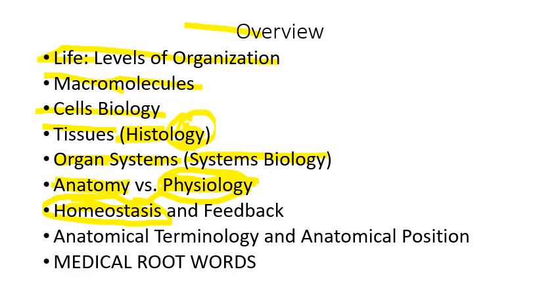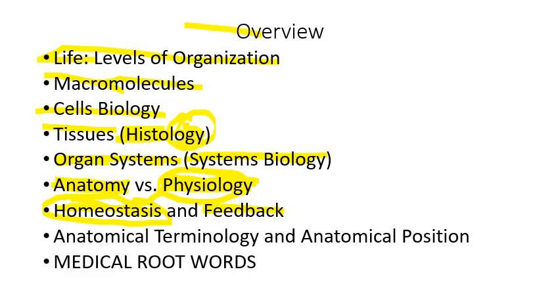If the human body temperature goes up too high, that is referred to as feedback. In fact, that's referred to as negative feedback, because the human body temperature is meant to be held at 37. The organs in the body work best at 37 degrees. And so if we keep the body temperature at 37, everything is fine. If the temperature goes too high or too low, we usually do something to bring it back into the normal range. Those things that we do to bring it back into the normal range is called homeostasis.